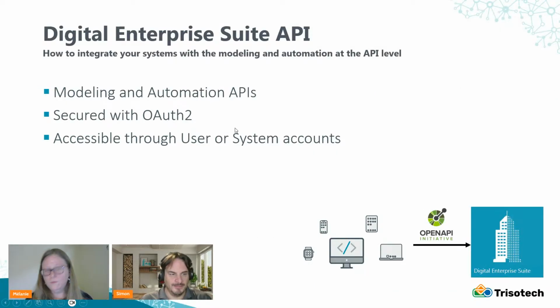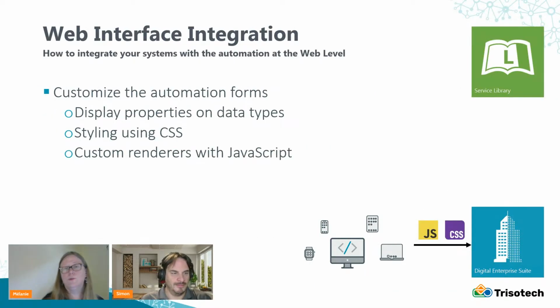Now, if you do want to use the UI, we also provide some web interface integration. So by default, when I've been testing, you may have seen a bit the form that I've shown on the left. So this is a dynamic form that is generated by the automation service. So it's available when you publish a service. There's a few ways you can customize those. The easiest one is the display properties on data type.